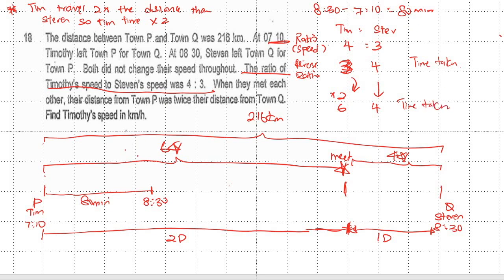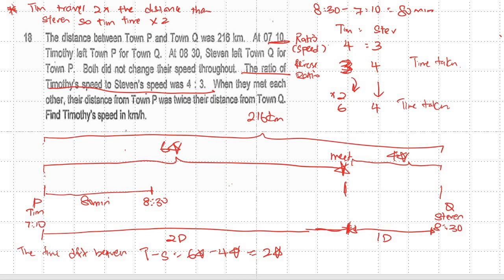So the time difference between Timothy and Stephen is actually 6 units minus 4 units. It's actually 2 stars on this side.